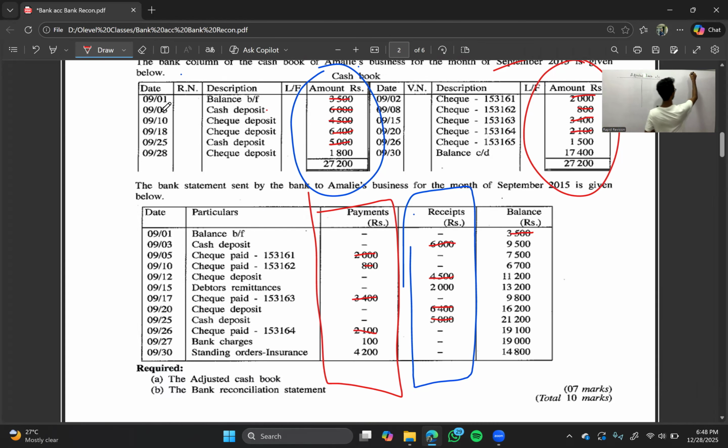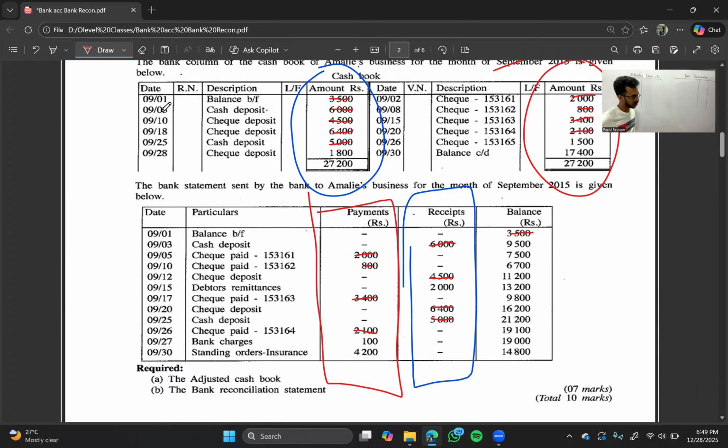And then there is the bank reconciliation statement. Like the adjusted bank account and the bank reconciliation statement. In the adjusted bank account, you have to take the balance.